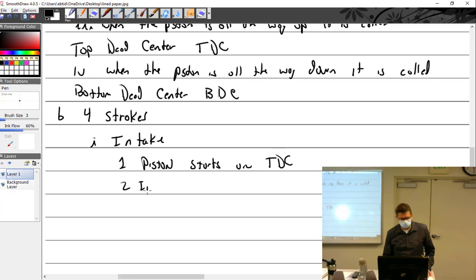The intake valve opens, and it ends right before bottom dead center. Remember, the stroke is always from the top to the bottom, always. This business about when the intake valve opens and closes is not quite accurate, but that's okay. It's mostly true.